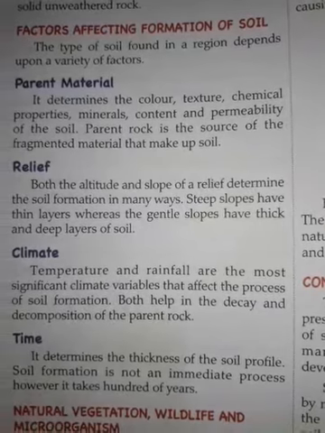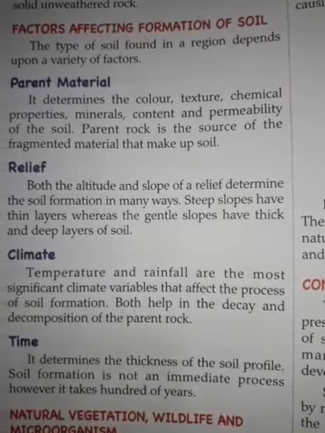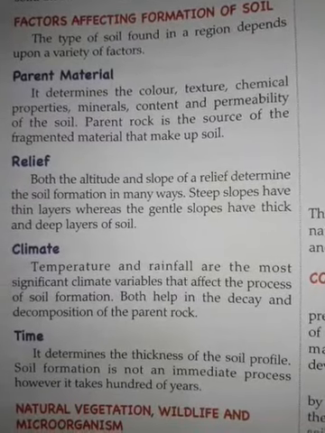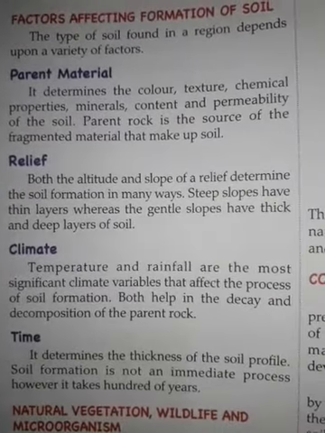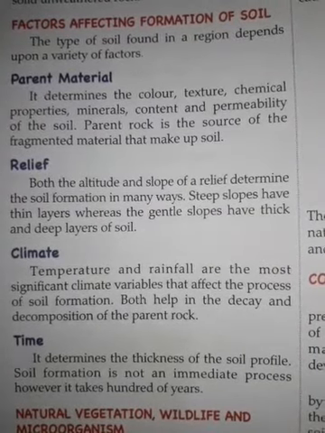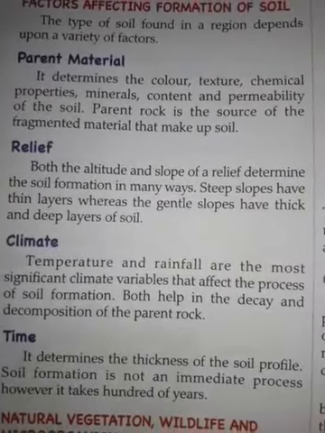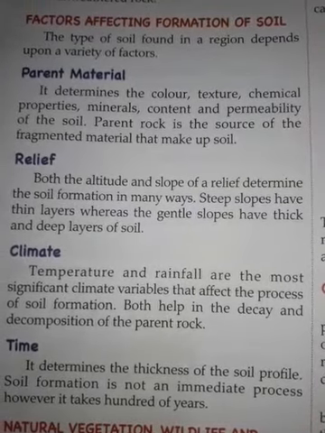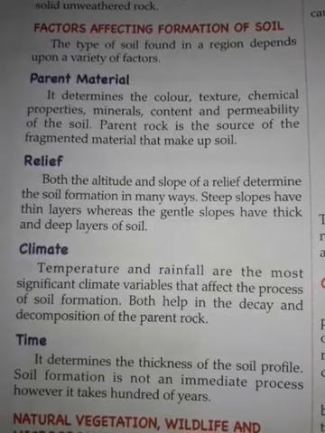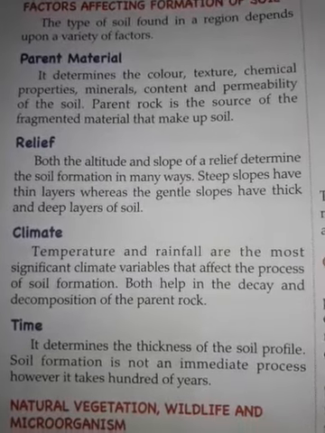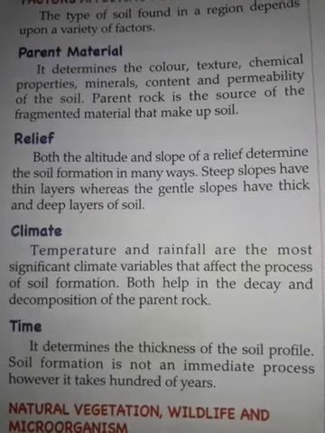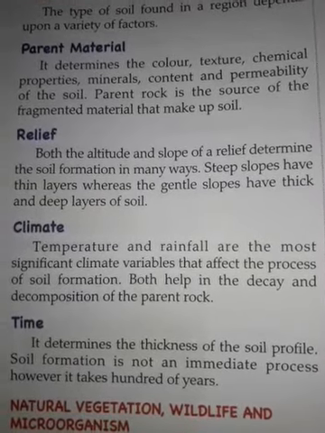Parent material determines the color, texture, chemical properties, mineral content, and permeability of the soil. Permeability means the pores in the soil which allow the water to enter through it. Parent rock is the source of the fragmented material that makes up the soil.